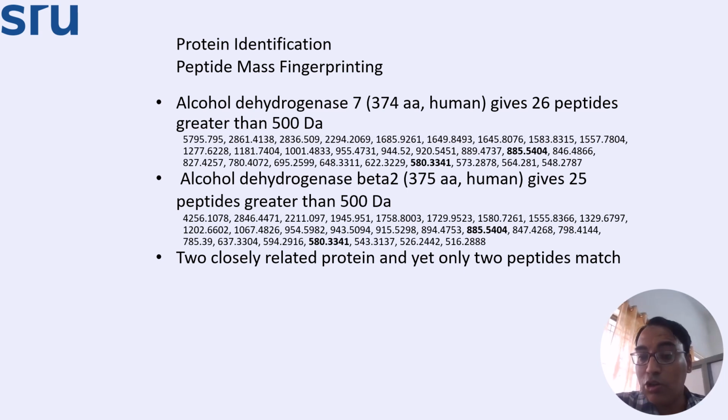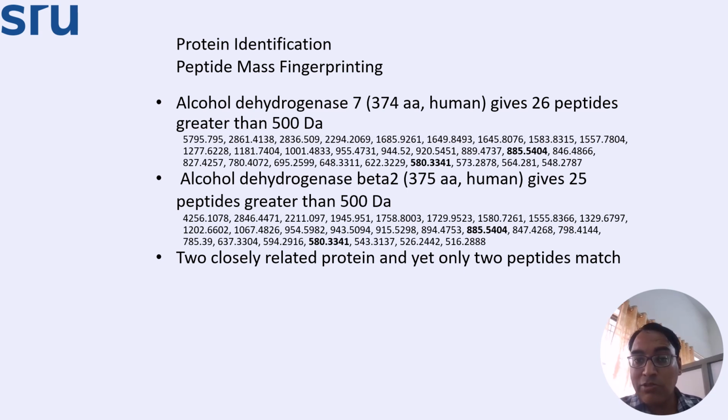I'm not taking smaller peptides so as to increase the accuracy scores. Likewise, I'm taking alcohol dehydrogenase beta 2, coming under the same class. It is also 375 amino acids, very close to the 374 amino acids of alcohol dehydrogenase 7. Here also it gives me 25 peptides greater than 500 Dalton. See, 26 and 25, very close.